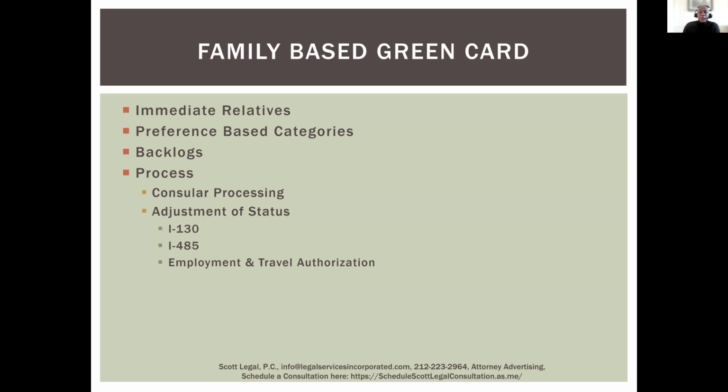Then it depends on whether the visa category is current. As I said, in the immediate relative categories, that's always current. But if, for example, a U.S. citizen was filing for their brother or sister, they would have to wait until that's current to be able to file the I-485. As I said, that's how it works for all the categories. There's always this objective component, and then the I-485 or consular processing. Now, I said that there sometimes can be three components.